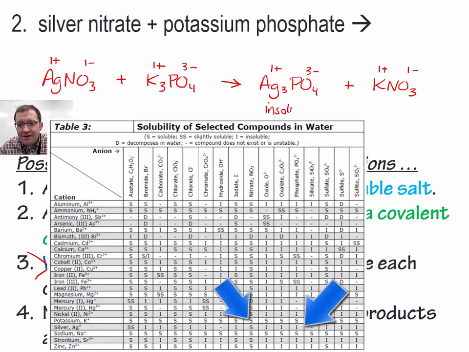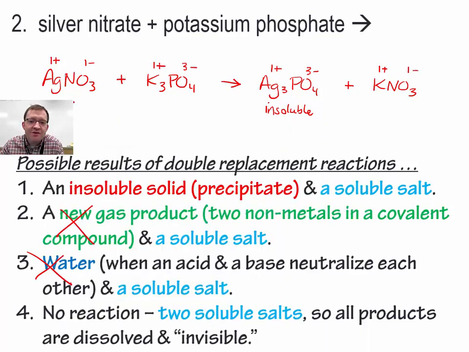Silver tends to be rather insoluble in almost every case, except when it's with nitrate, maybe chlorate or acetate. These are very, very rare soluble salts of silver. So this one, silver phosphate, is insoluble. And potassium nitrate, I can go look it up, super soluble. Potassium and nitrate both tend to be very soluble ions. So I've got an insoluble precipitate here.